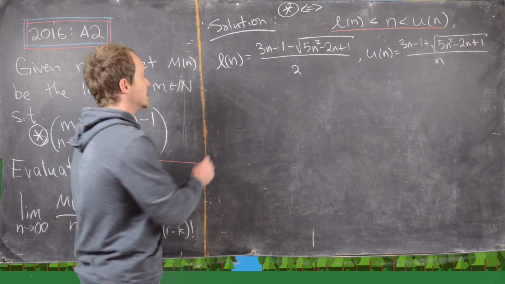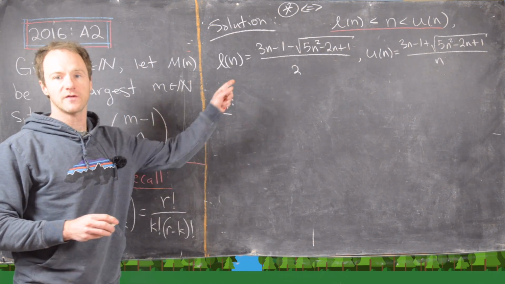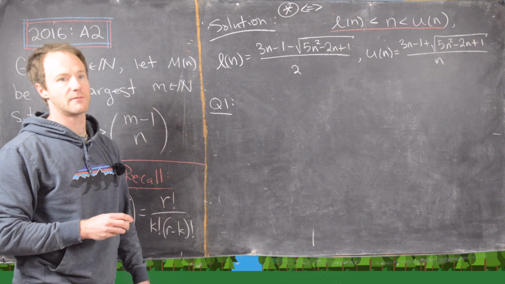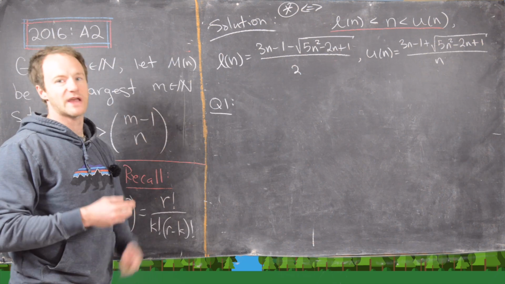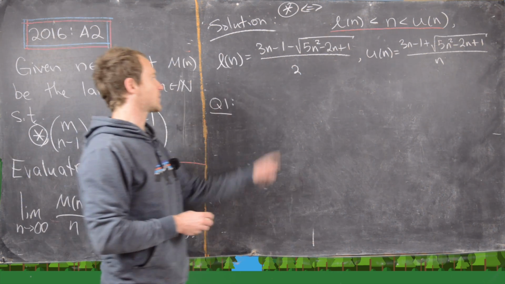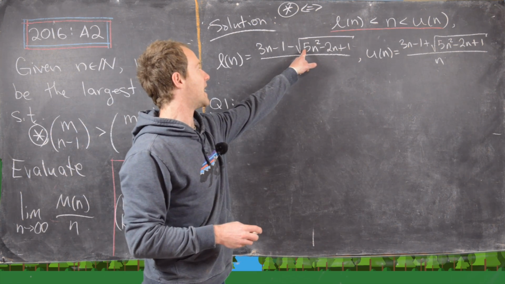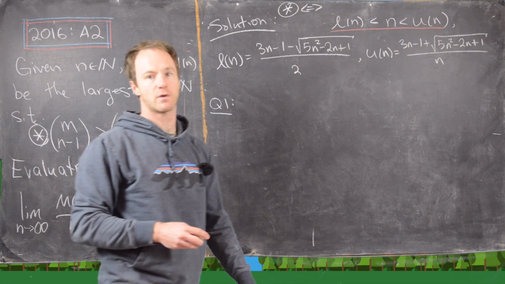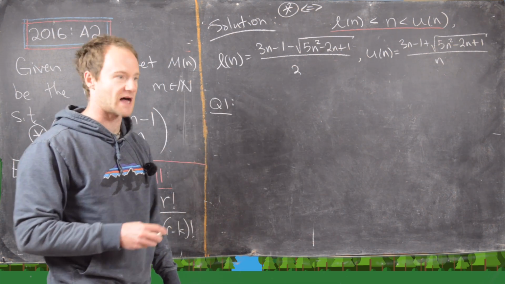So now we have really two important questions here. First of all, are these definitely real numbers? If they're not real numbers, if they're complex numbers, then we have a problem. So let's first check if these are real numbers in the first place, and we can do that by looking at what's under the square root and showing that it is always positive.